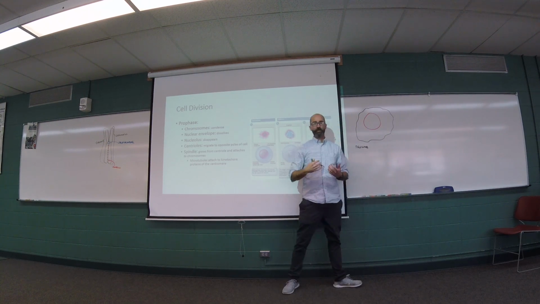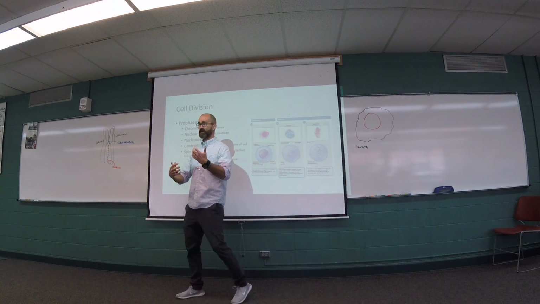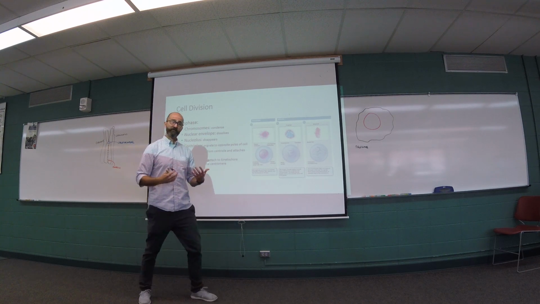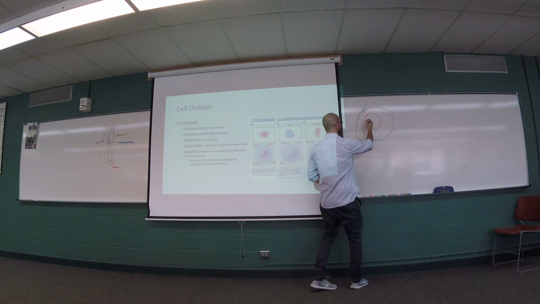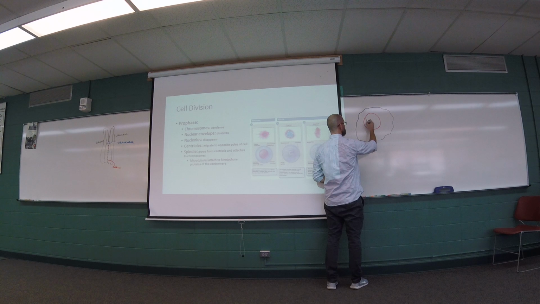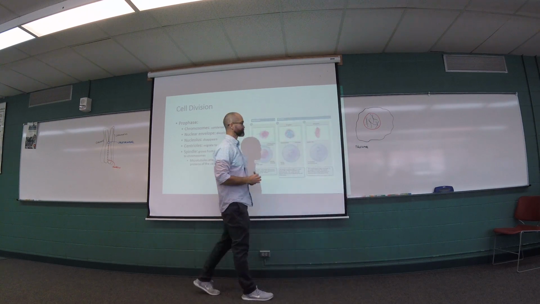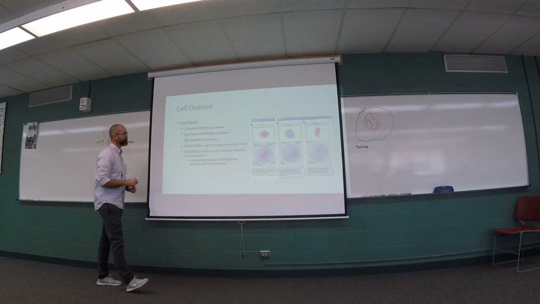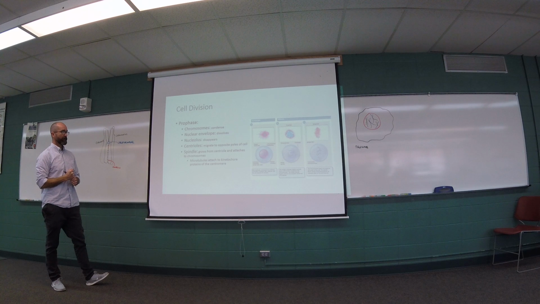And you have chromatin, right? And this chromatin is going to begin condensing. So the first thing to happen is our long chromosomes, they'll look something like this. They're just all kind of loosey-goosey, and they begin to condense. So that's step number 1.